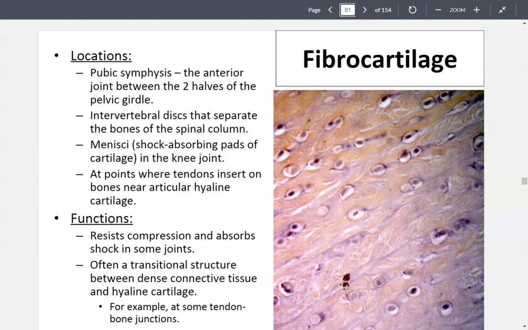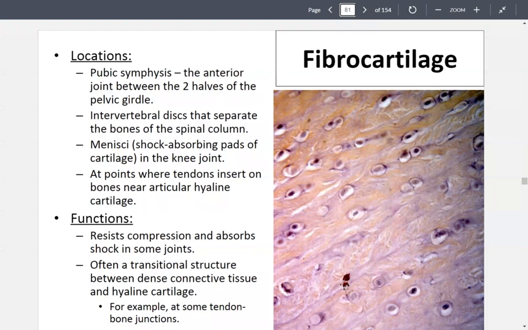It is the intervertebral discs, so the gelatinous pad that separates your vertebral bones in your spinal column. If you've ever had a disc herniation or heard people talking about disc herniations, it is this fibrocartilage that is bulging and jellying out of where it's supposed to be between the bones.